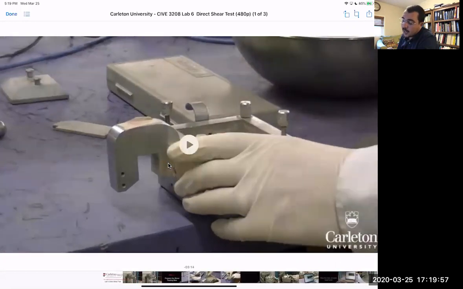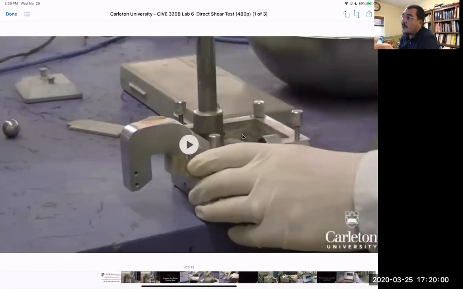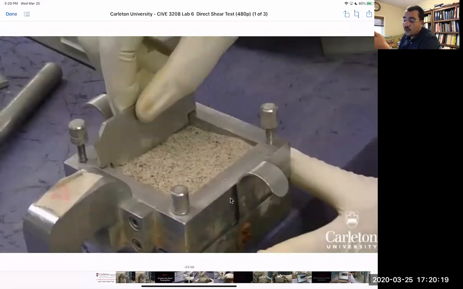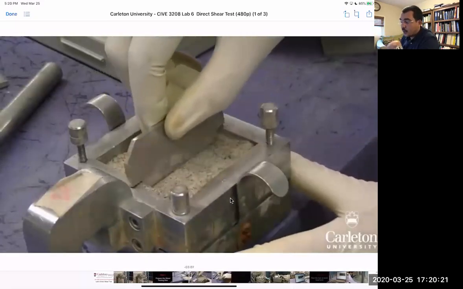You can get a caliper and measure the dimensions of this box. By the way, this box can be square or it can be a circle. In the video, it's a square. You'll measure the length, width, and height. Then you have the volume, you have the weight, you can calculate a dry density.